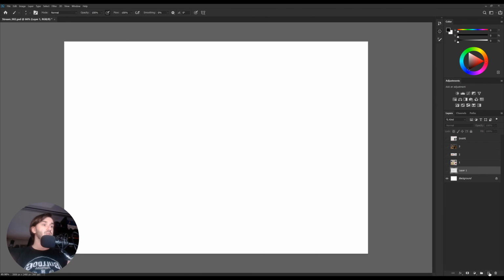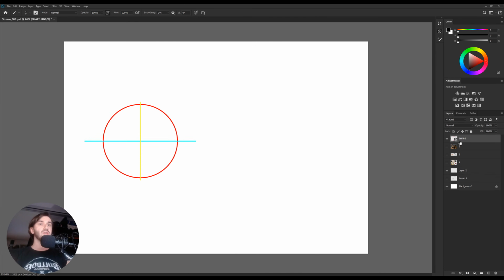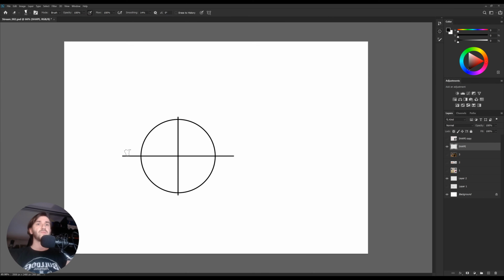But for the things of what an ellipse actually is, I created this really basic shape of an ellipse. I don't know if the shape is really readable, so let me bring it down to the blacks. And there's one really cool thing about ellipses that you should do pretty much every single time you are drawing something that is circular.